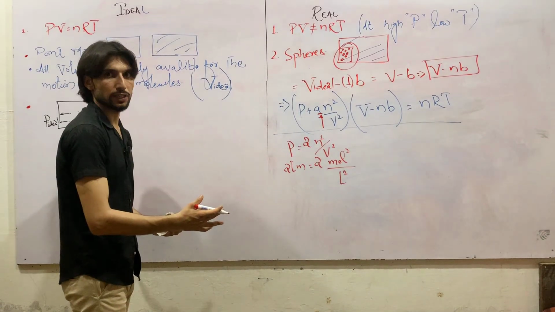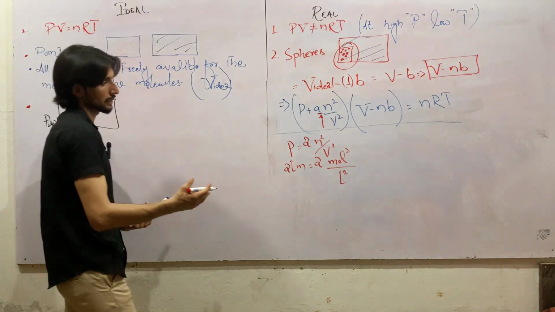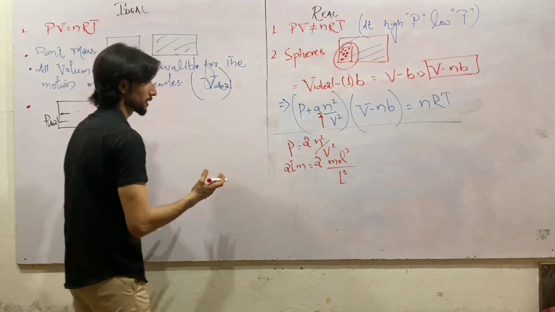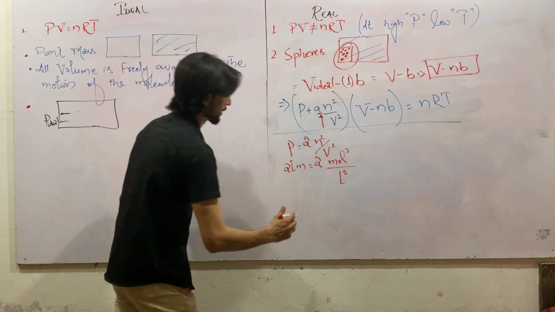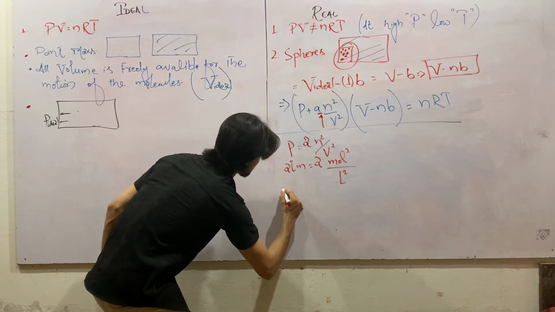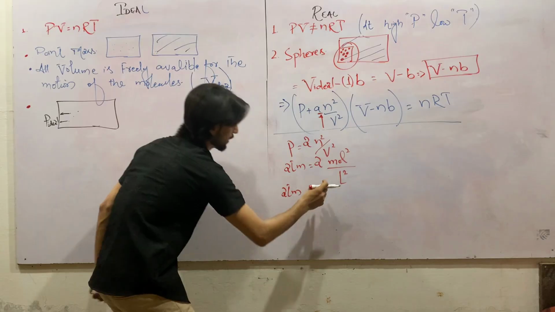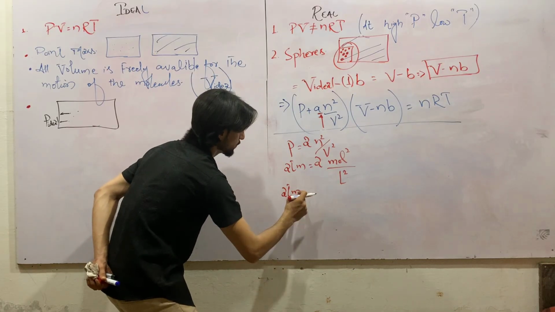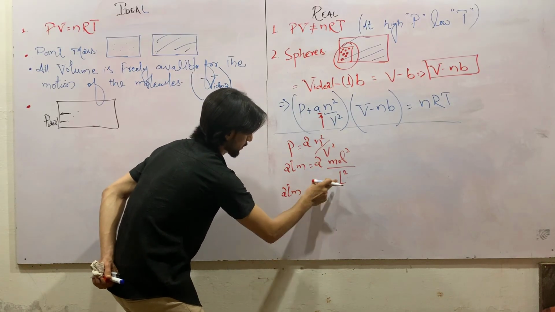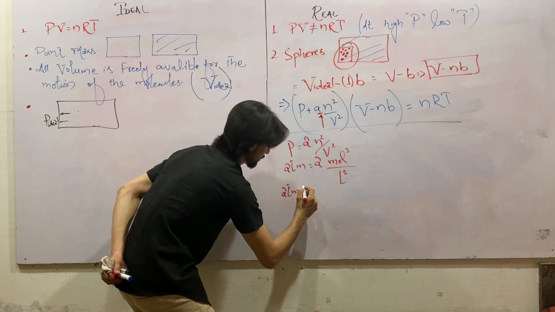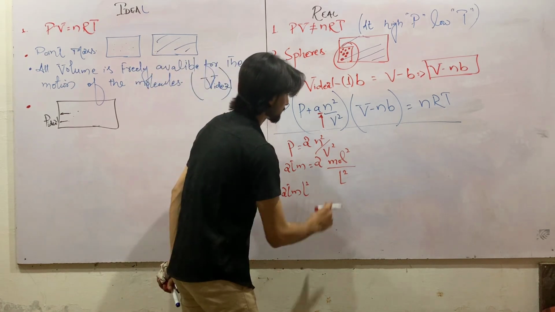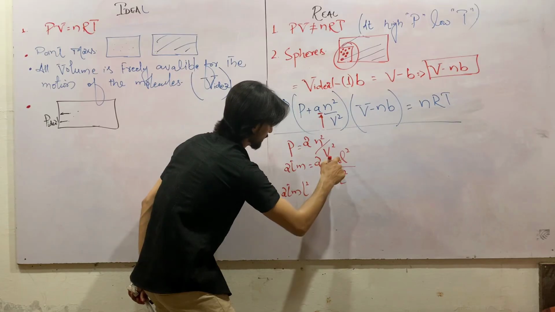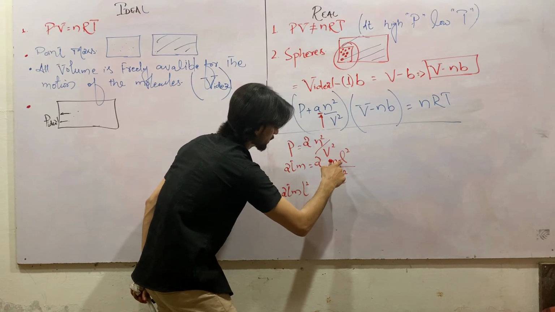Now we can take the numerator to denominator and do the simple mathematics. So this becomes atm, and I have to take this from denominator to numerator, so this becomes liter squared.